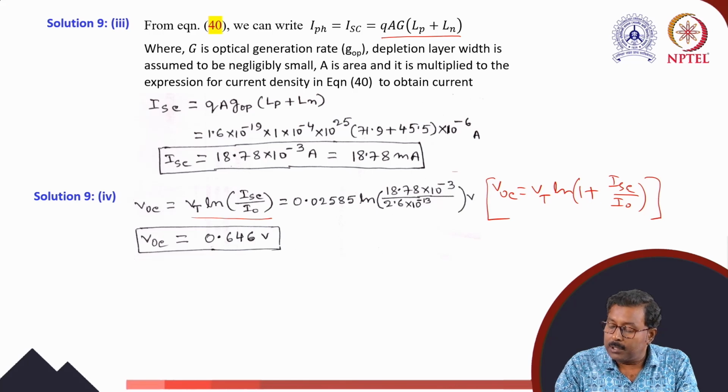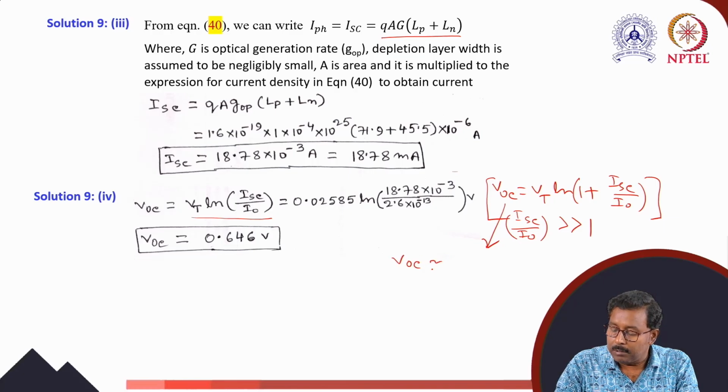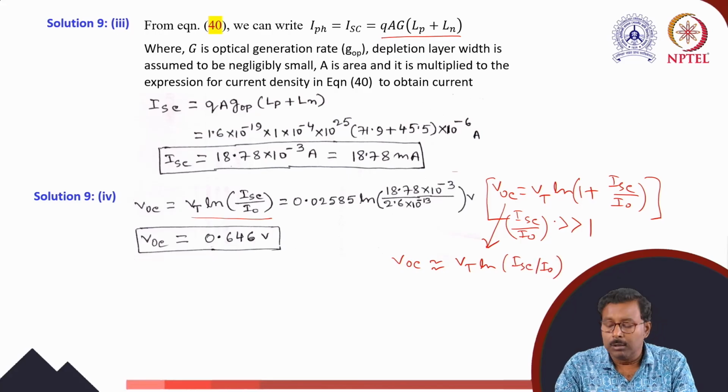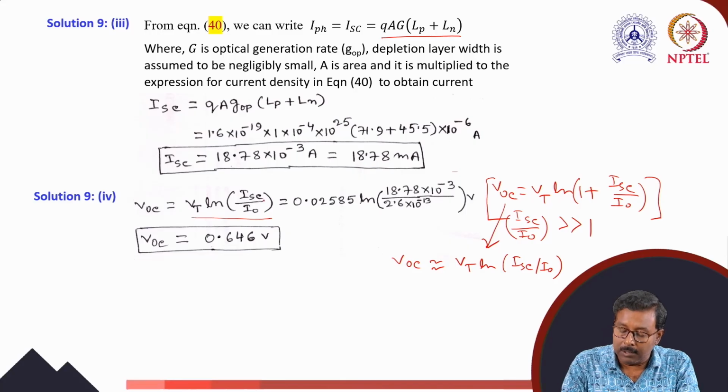If you see the ratio of Isc by I0, this is much greater than 1. So this can be approximately written as Voc equals VT ln Isc by I0. Or you can use the 1 also, no issue. But here the calculation is done without considering the 1 value. It gives you 0.646 volt.